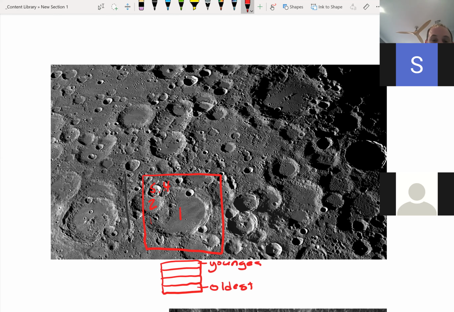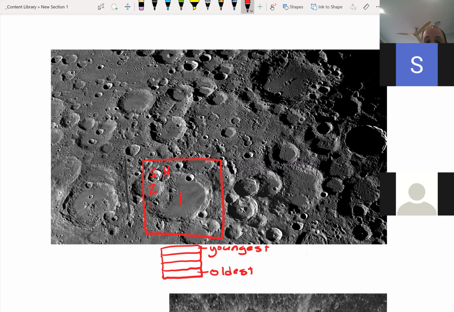So we could take that analogy and apply it to the craters here, and we could get a relative age. I can't tell you when the impact that formed crater 5 actually occurred, but I could say that impact happened after crater 1 formed. Does that make sense? Just based on how they're sitting there.